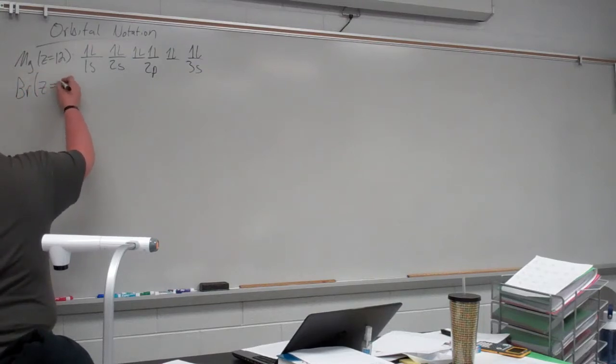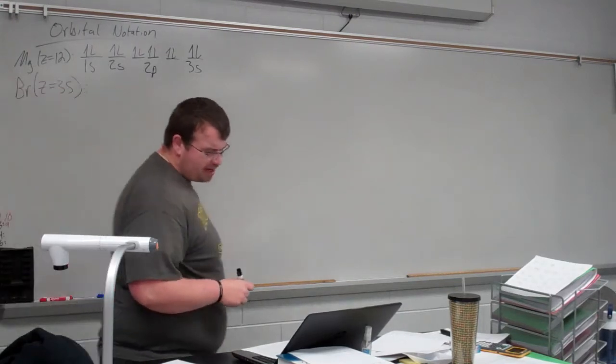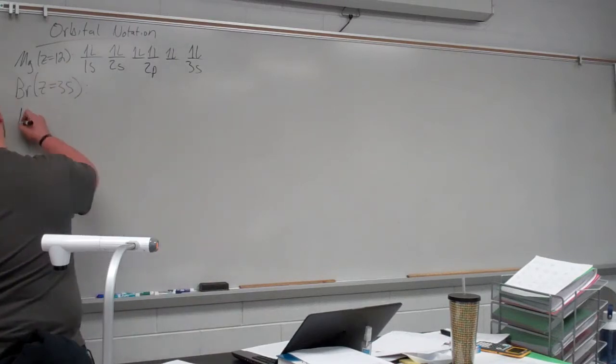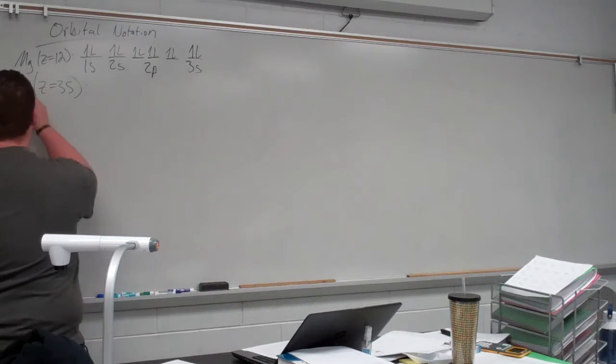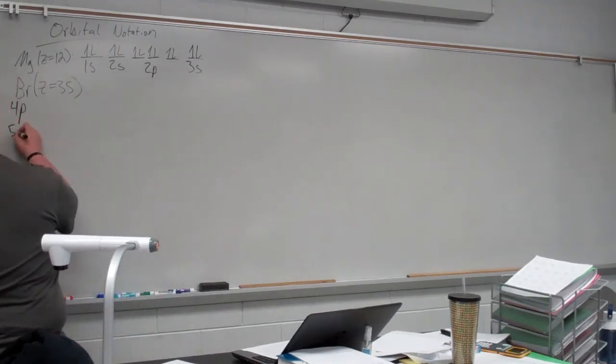Bromine, atomic number 35. The stopping point for bromine, look at the periodic table, is in the P block, so it's P, and in the 1, 2, 3, 4th row, and it's 5 in, so I have 5 electrons to show.